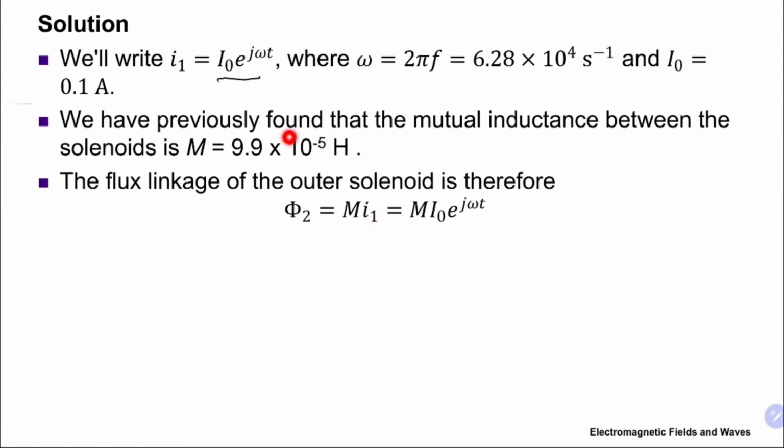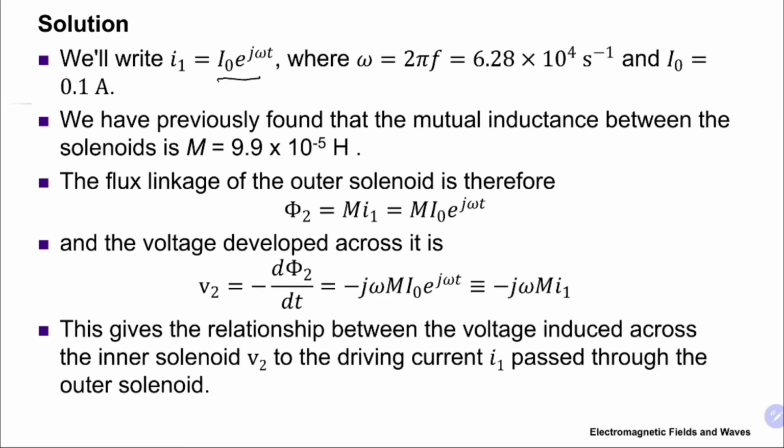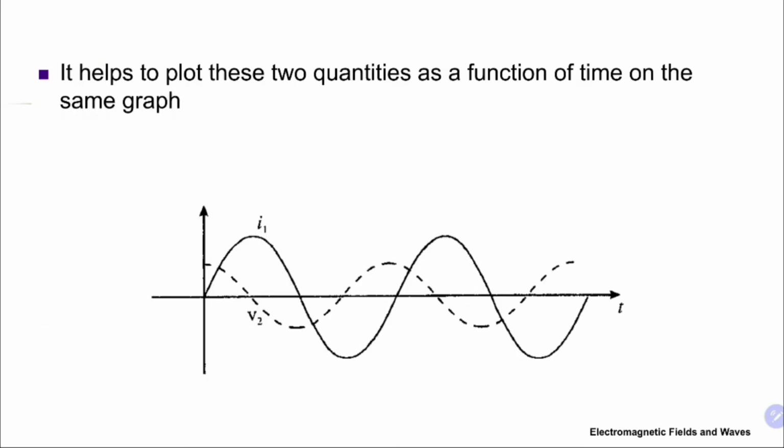Substituting I1, the voltage developed across it will be minus d phi 2 by dt, and that will equal minus j omega M times I1. This gives you the induced voltage V2 across the inner solenoid due to the driving current I1 that passes through the outer solenoid.